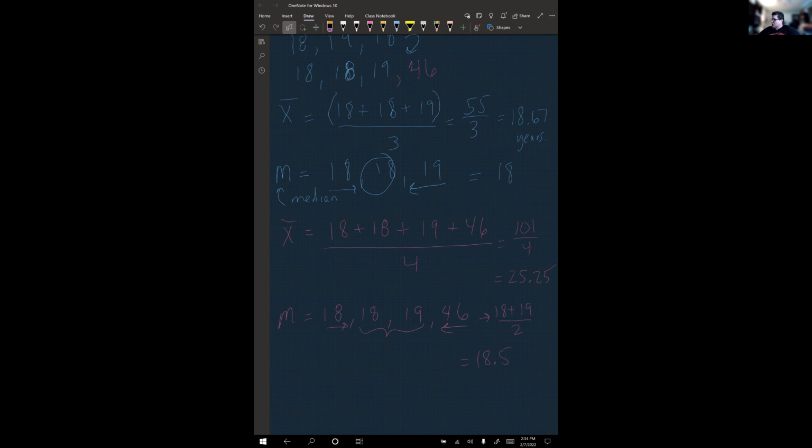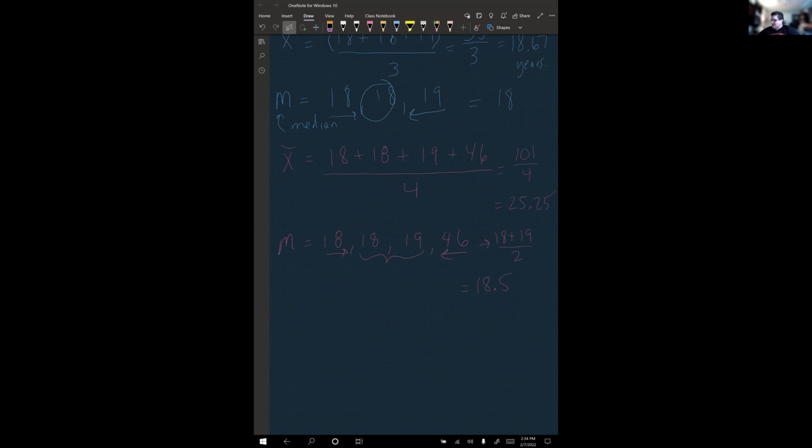No. So adding me, I am an outlier in the age group right now for our little sample, based on age.